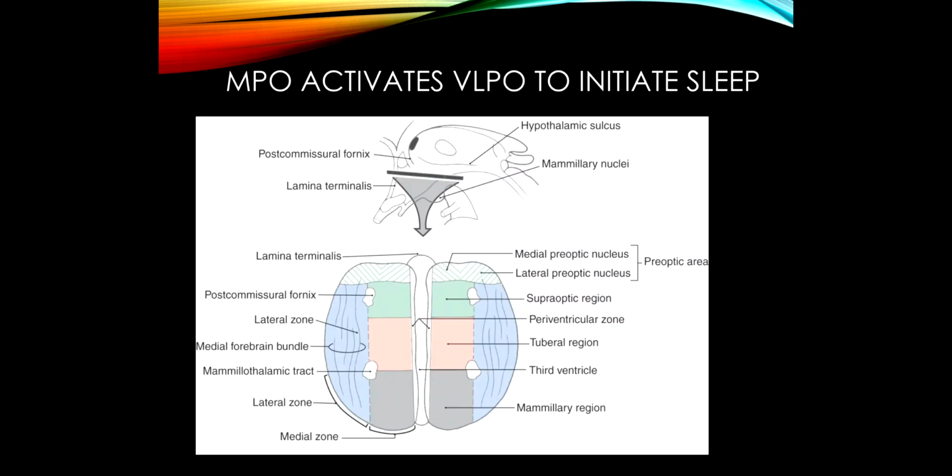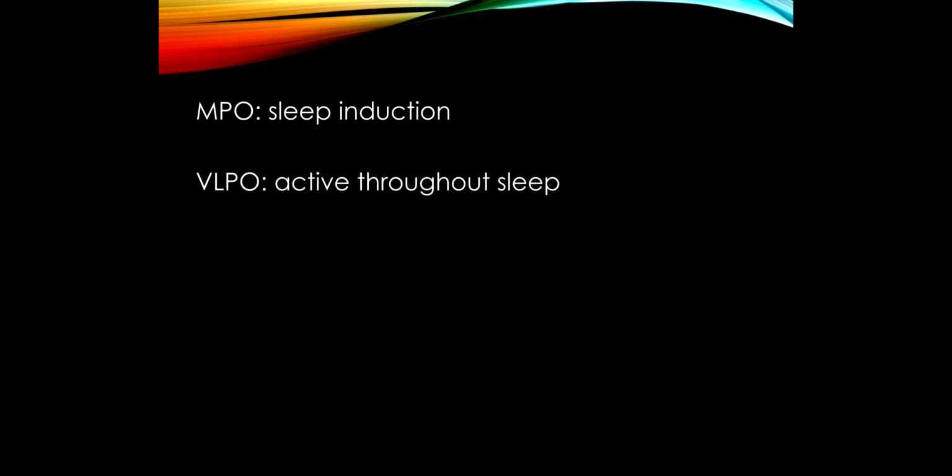So here is the ventrolateral. If we do a section here through the hypothalamus, here's the ventrolateral preoptic area, okay, and here is the medial area. And it turns out that when you're getting drowsy and feeling like, boy, I need to sleep, that is the medial preoptic area, okay, and it activates the ventrolateral preoptic area to then help facilitate sleep.